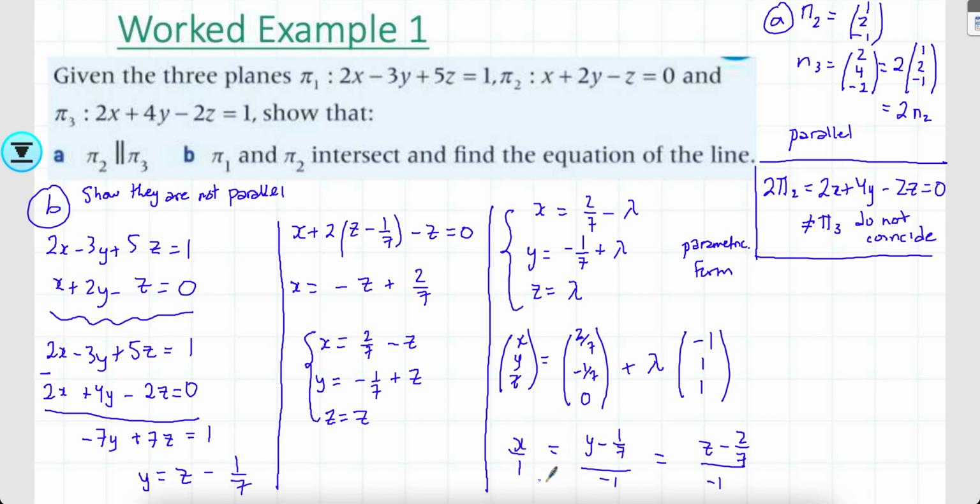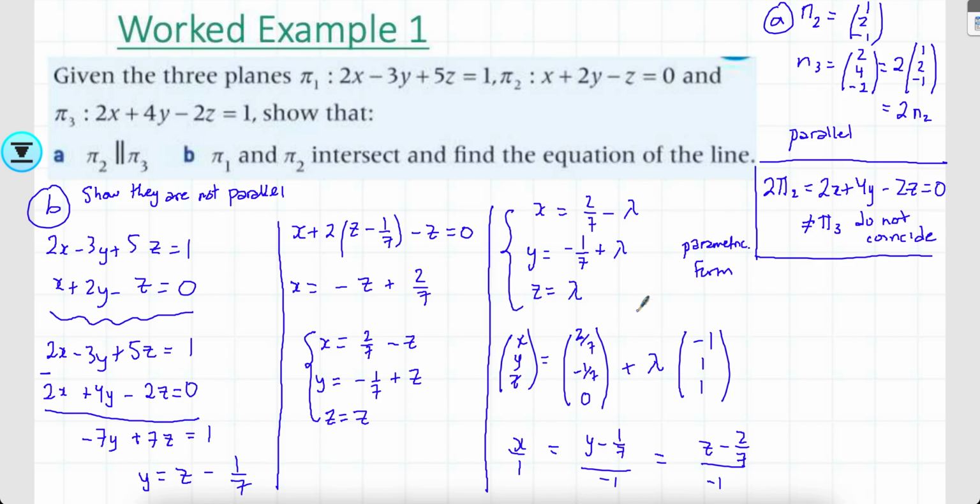So notice how their normal vector 1, minus 1, minus 1 is just the negation of what we have, and the numerators are slightly different. But if I replace the points that we found here, or you try and solve it for each one, it will give you a lambda equal to 2 over 7. So it's correct. It will just show you that your point fits on the line.